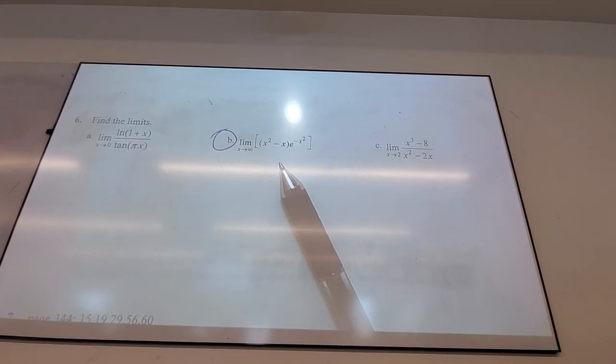So, let's see. If you put a positive 1 in, what's 1 to any power? Positive.